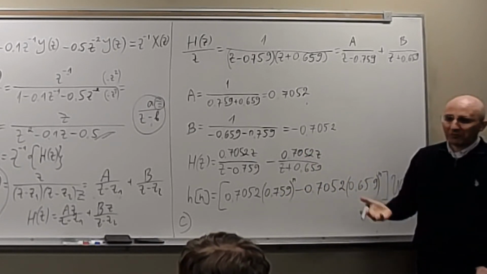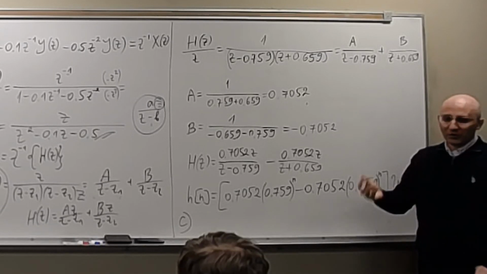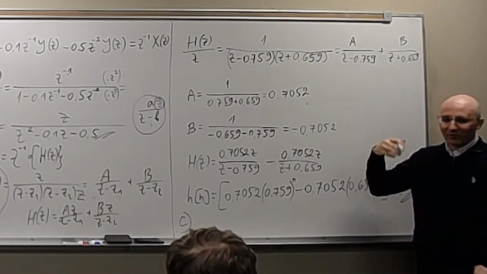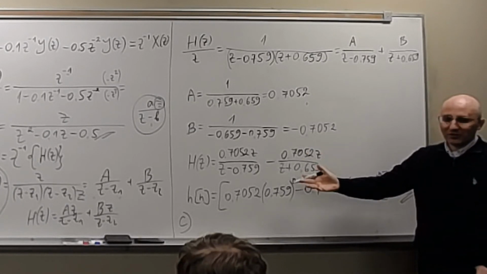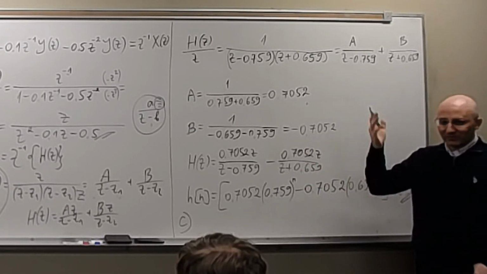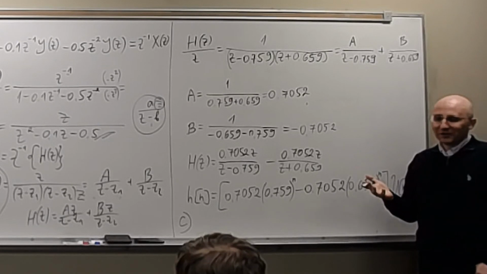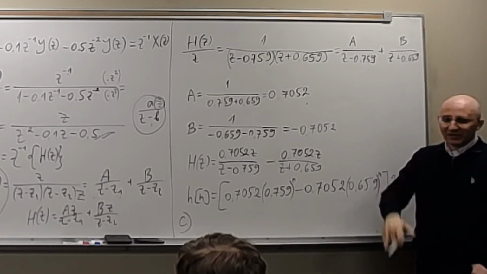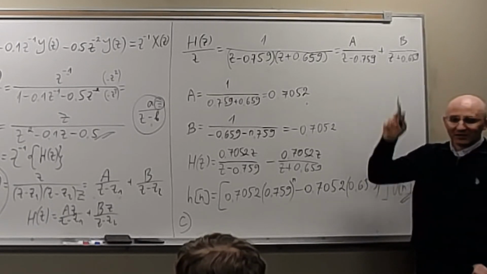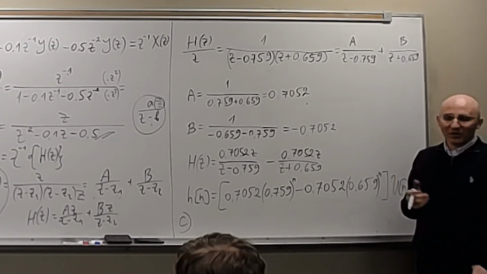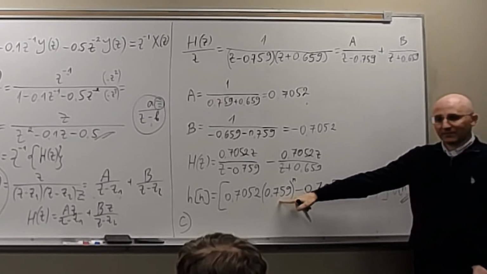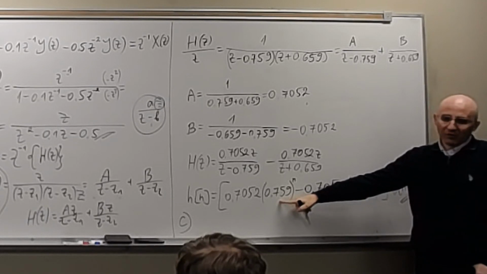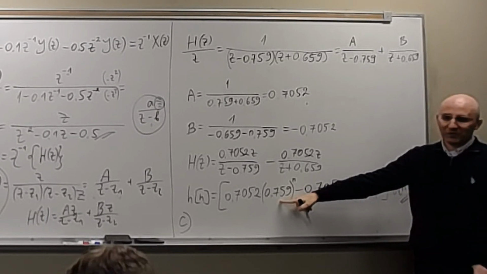Like power of 2, 2 squared, 2 cubed, 2 fourth power, fifth power, where will it go? To infinity. The same thing with negative 2. Negative 2 to the power of 2 will be 4. Negative 2 to the power of 3 will be negative something, so it will jump all over the place, oscillate to infinity, basically, right? If this is smaller than 1 in absolute value, then it will converge when n goes to infinity.